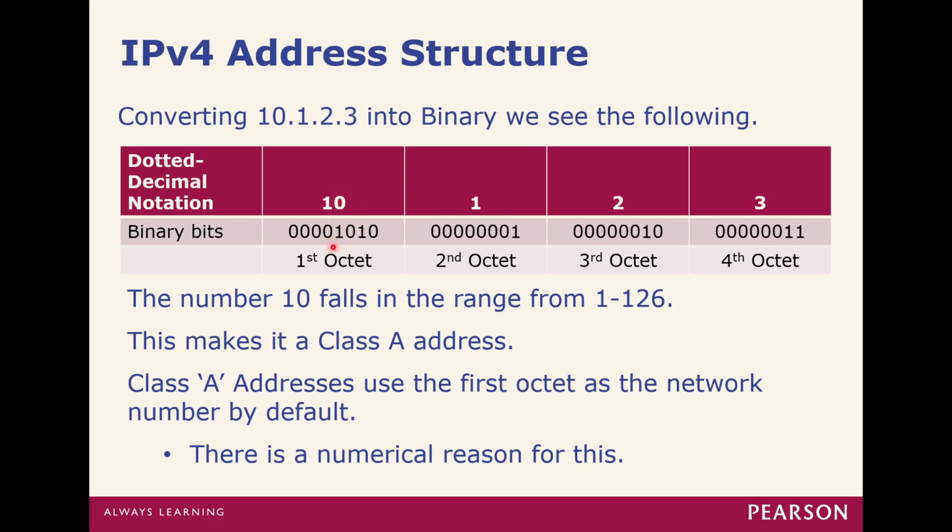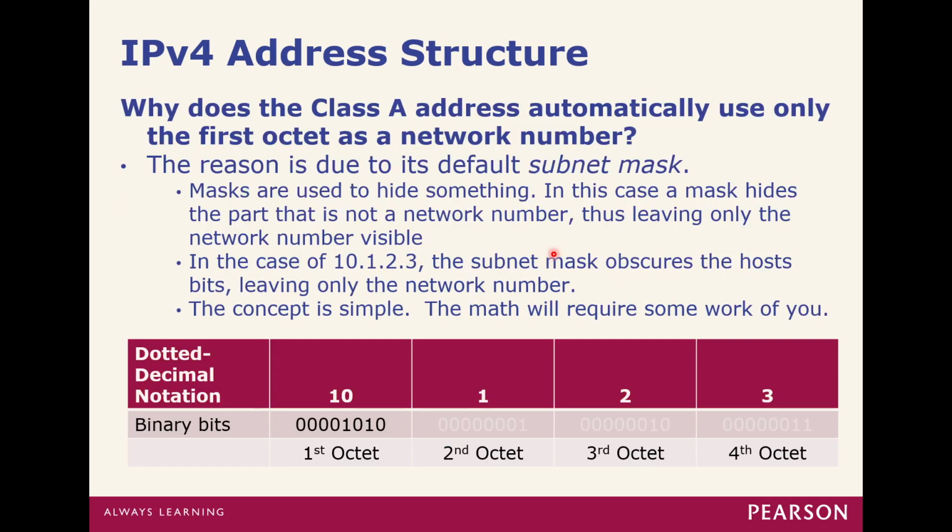You put 1 under 8 and 1 under 2; 8 plus 2 is 10. To represent 1, you put 1 under 1. To represent 2, you put 1 under 2. And 3 is basically 1s under 1 and 2. That's how you convert to binary.